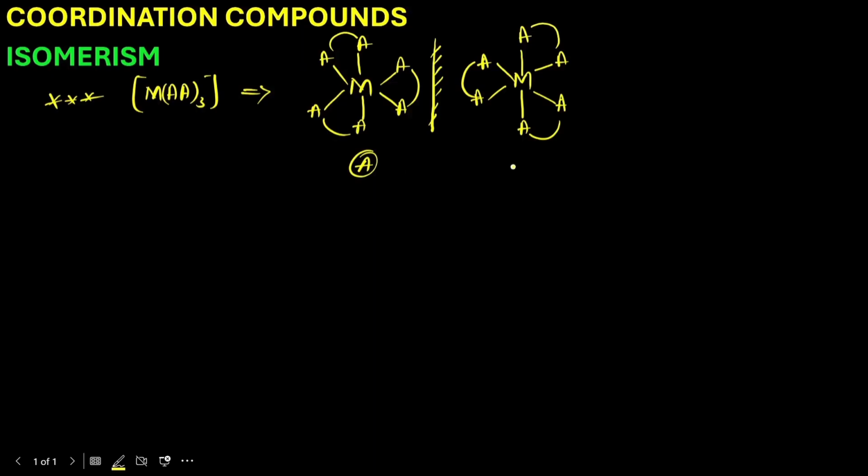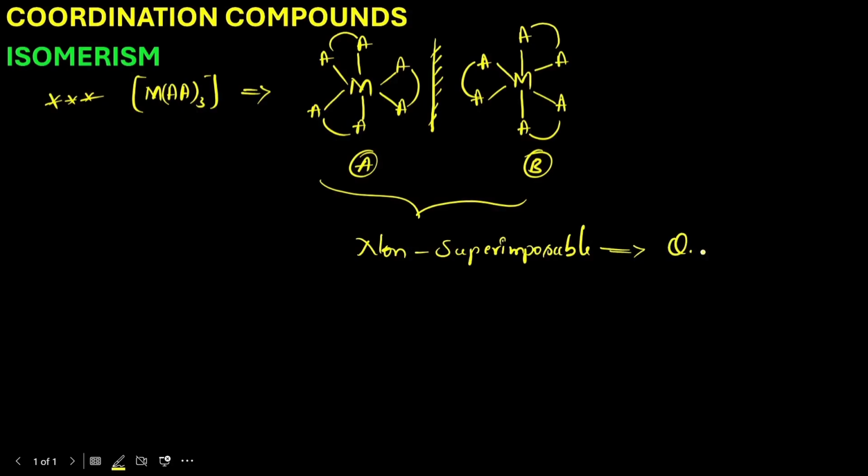Consider this is A and this is B. Now if you place both on top of each other, you get a non-superimposable mirror image. Therefore, it is optically active. So this type of complex exhibits optical isomerism.